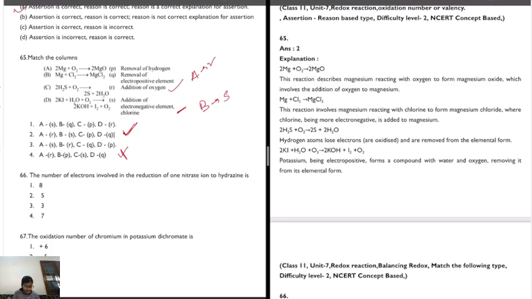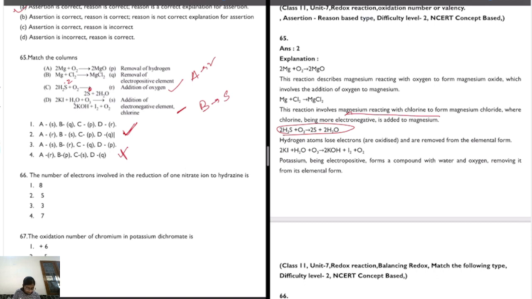But let's see the other options as well. H2S plus O2 to give 2S plus H2O. Now you'll see that this reaction involves magnesium reacting with chlorine. This is the above one. In this H2S plus O2, you'll see that sulfur was -2 before and now it is 0. Alright. So hydrogen atoms are losing electrons.